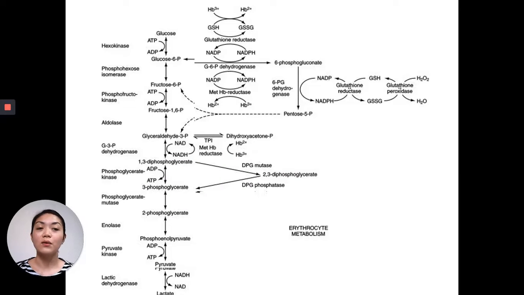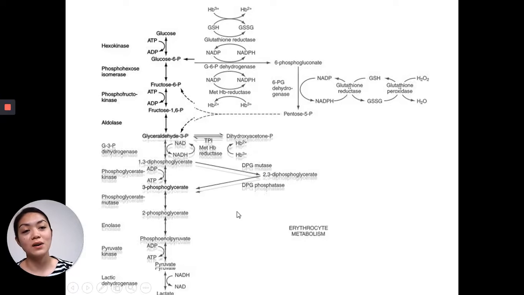Okay, so that is again the overall Embden-Meyerhof pathway, if you can still remember. From glucose, these are the intermediate products, and the last product is lactic acid. You can break this down into 3 phases. Phase 1.